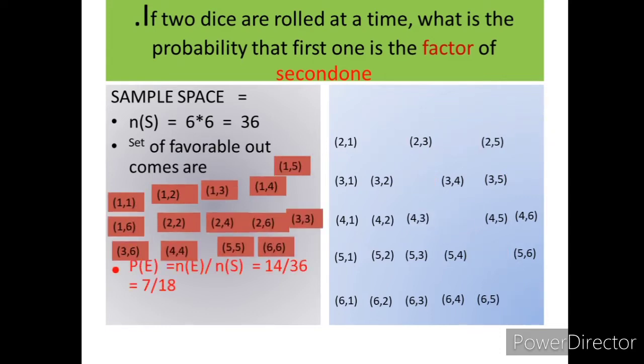Then count how many favorable outcomes there are. If you find out, 1, 2, 3, 4, 5, 6, 7, 8, 9, 10, 11, 12, 13, 14. Therefore, 14 by 36, if you cancel by 2, 7 and 18, the answer will be 7 by 18.